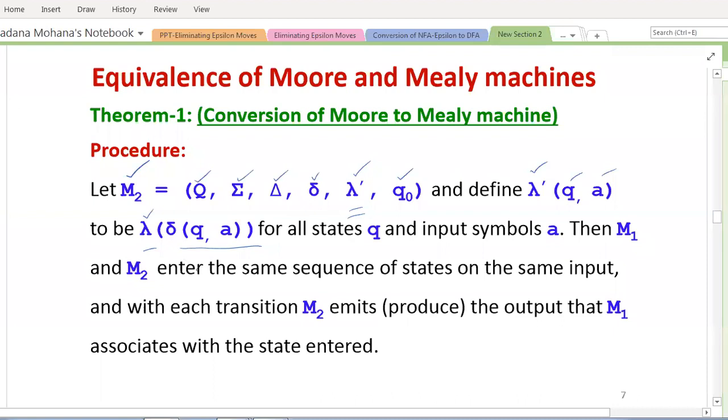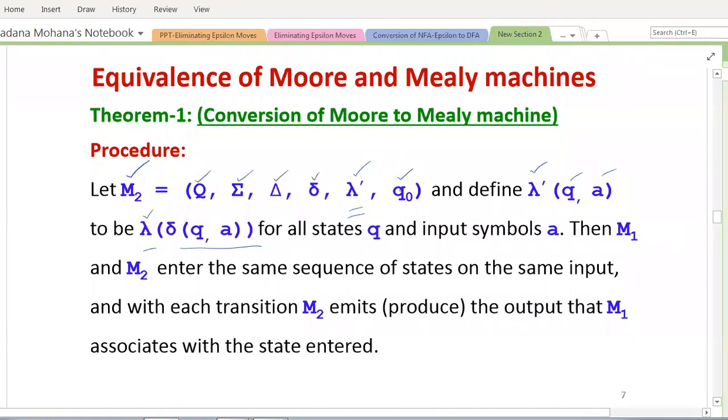For that you will get one state. For that state you can find the output. Once the output is obtained, you can draw the Mealy machine by keeping the same transitions, same states, same initial state, but only the outputs you need to add for each and every transition.